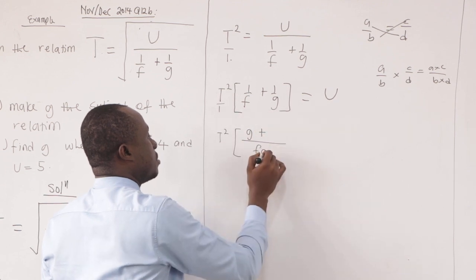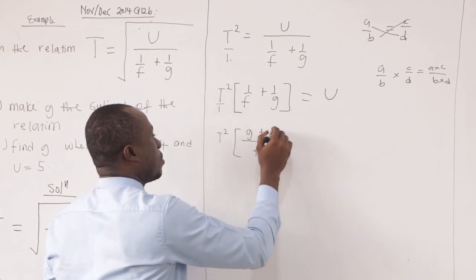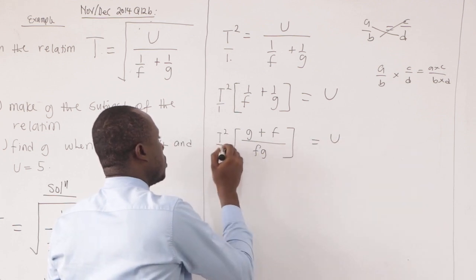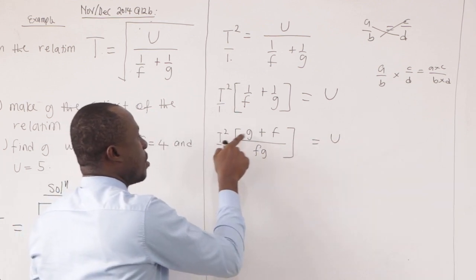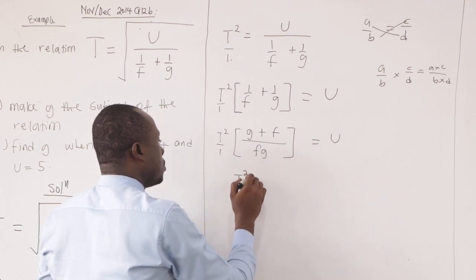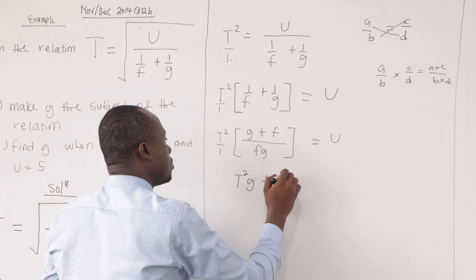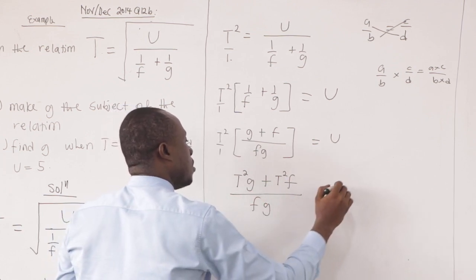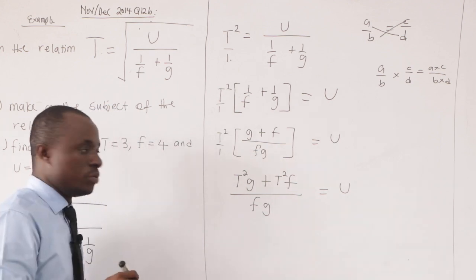Now j will cancel j, and then f times 1 is f, equal to u. This is over 1. So t squared times the numerator, 1 times the denominator. So we are going to get t squared j plus t squared f all over fj equal to u.